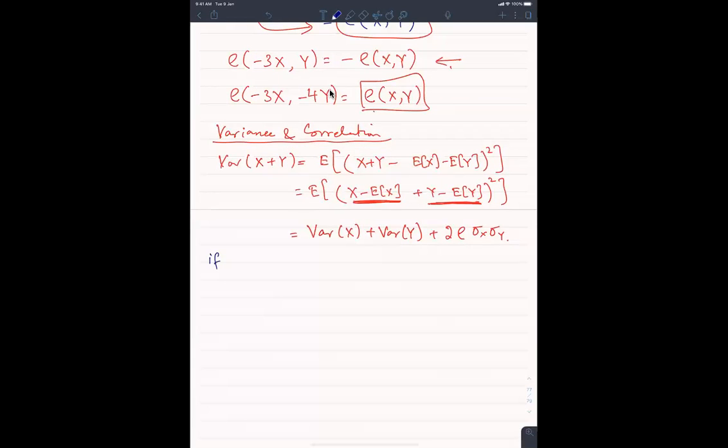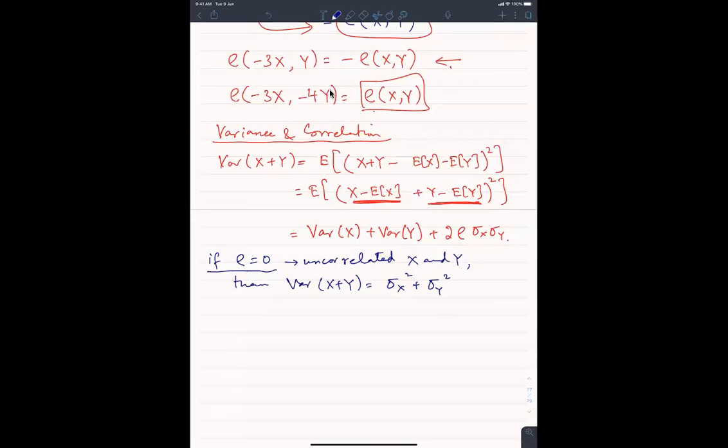If correlation is zero, which means x and y are uncorrelated, then variance of x plus y will be equal to variance of x plus variance of y.